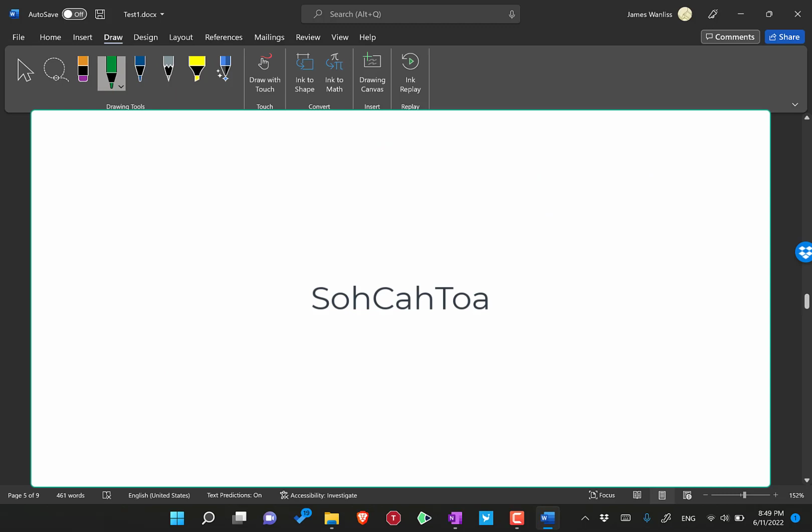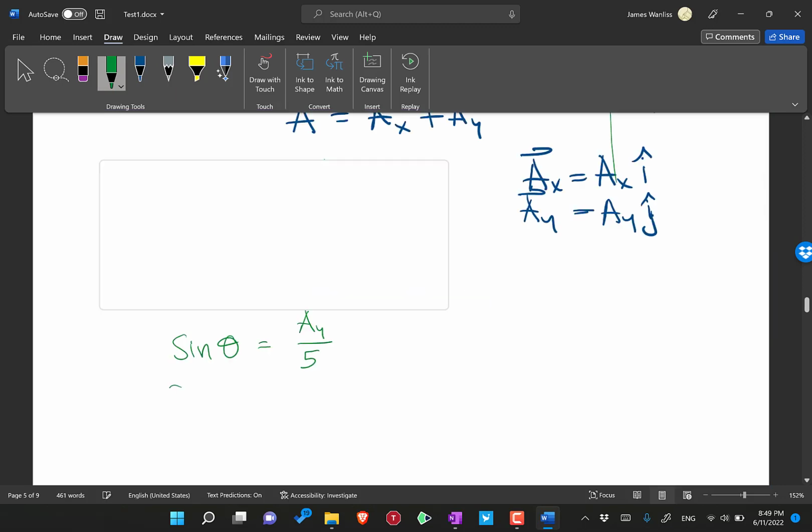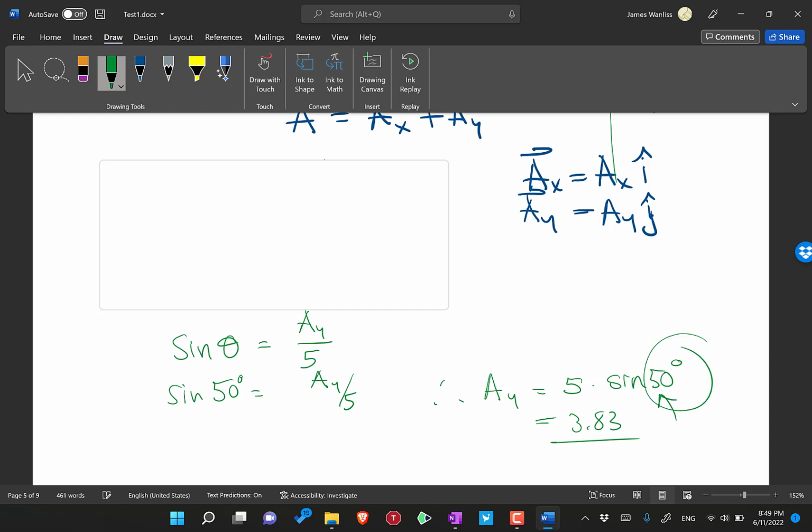So opposite is AY. Sine of 50 is equal to AY over 5. Therefore, AY is equal to 5 times sine of 50 degrees, which is 3.83 according to my calculator. Make sure your calculator, by the way, is in degrees mode if you're using degrees, because you might also be using radians or gradians or some other interesting unit, but we're going to be using degrees.